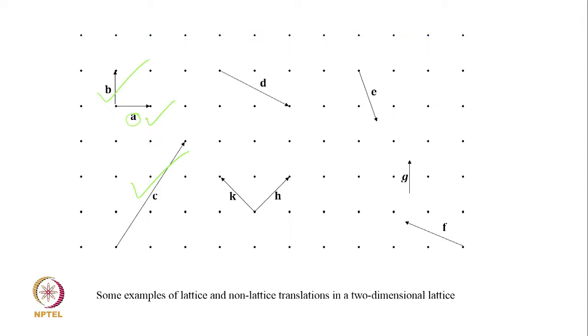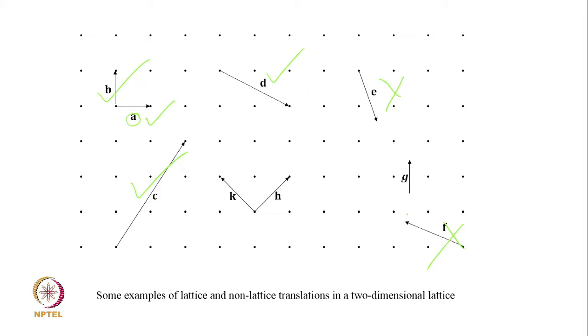Lattice translation. D, keep saying yes or no, so that I know that you are with me. E? E, no. F? No. G? I am hearing yes as well as no.